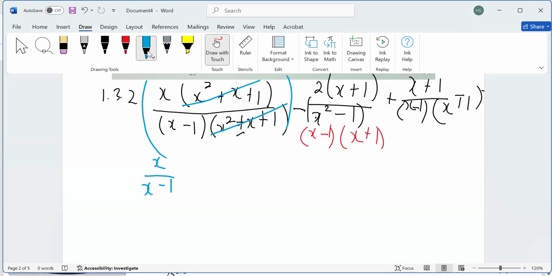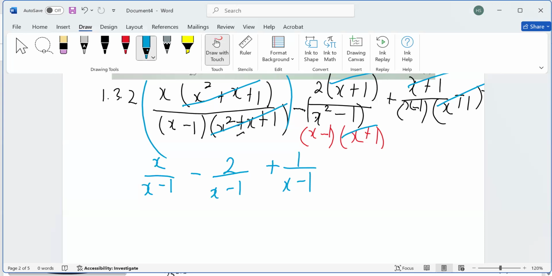Let's not forget which is minus. Now look at this one. Is there anything that appears top and bottom? Yes, x plus 1, x plus 1. Then we are left with 2 all over x minus 1. Again x plus 1, x plus 1, and we are left with plus 1 all over x minus 1.